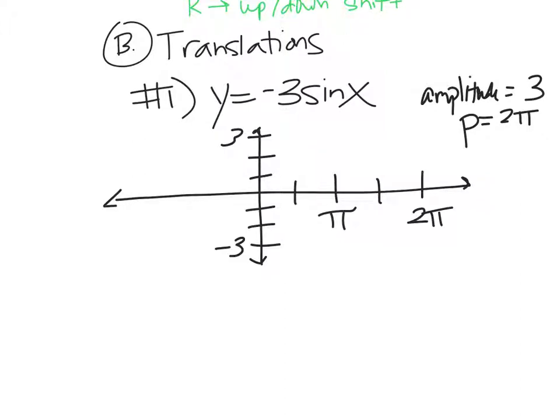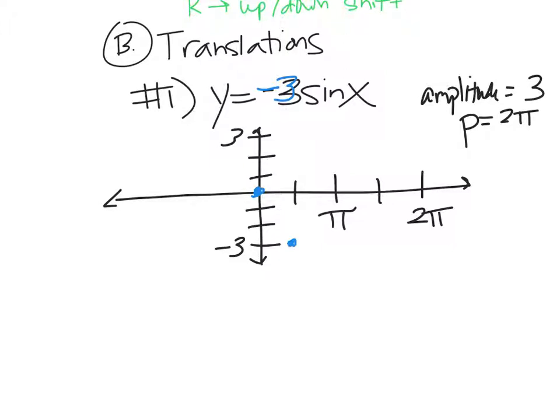All right, so now let's graph sine. Sine's going to start right here. It doesn't really start there, that's where I start graphing it. And then at the next tick mark, I'm going to be at -3. Normally, sine would go up to +3, but it's a -3, so I go down to -3.